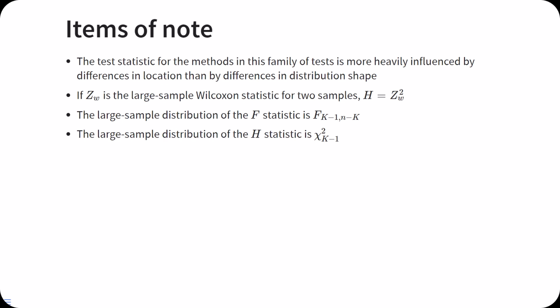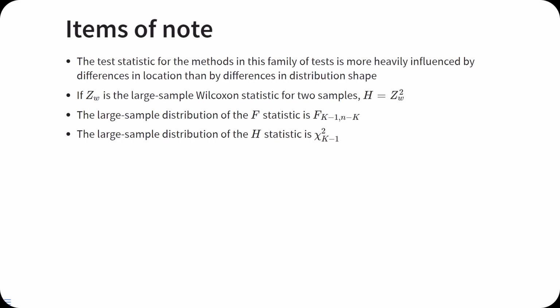Another item of note: if we set Z sub W as the large sample Wilcoxon statistic, that is the asymptotic value of the large sample Wilcoxon statistic for 2 samples, and square that, we get H. That should sound familiar to you. If you take a T and square it, you get an F statistic. So the same type of equivalency that applies in the parametric world appears here in the nonparametric world when we're using ranks.